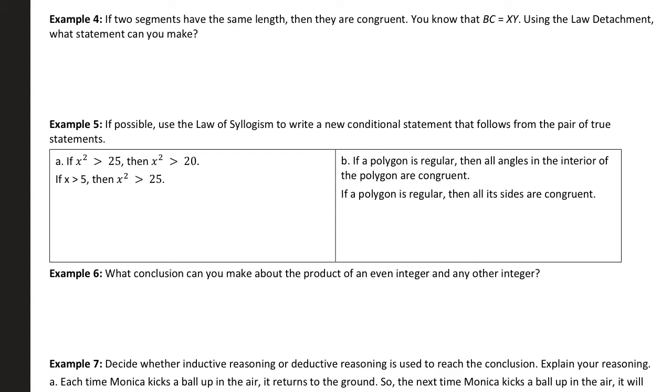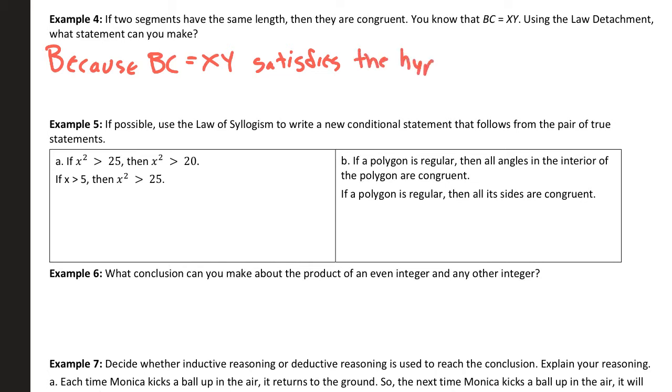So we would say, because BC equals XY satisfies, or makes that hypothesis true, because it satisfies the hypothesis of a true statement, the conclusion is true as well.